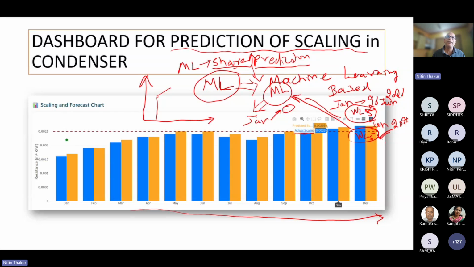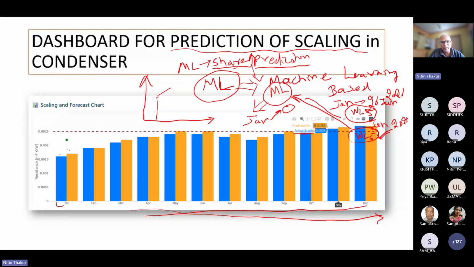In a nutshell, you're training the model, and then at the same time, you're taking the output from the model for throughout the year. A similar thing we did on the scaling in the condenser, where we took the data from January all the way up to December. What is the scaling?